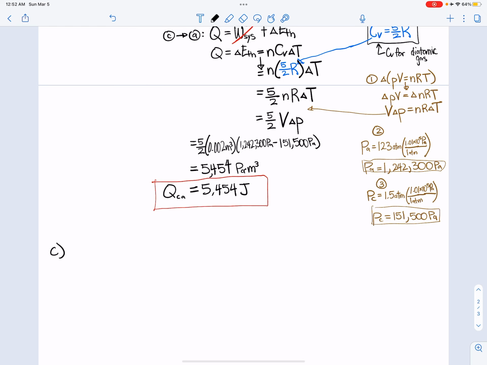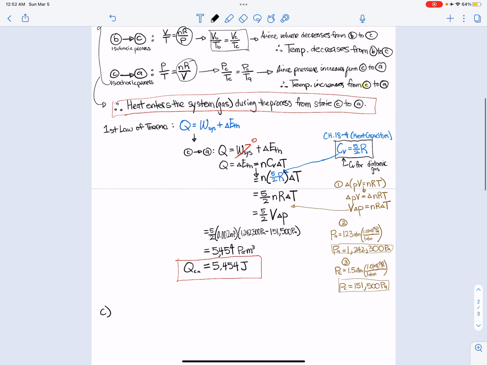Cool. So let's do that. For part C, I'm looking at this information that I deduced.